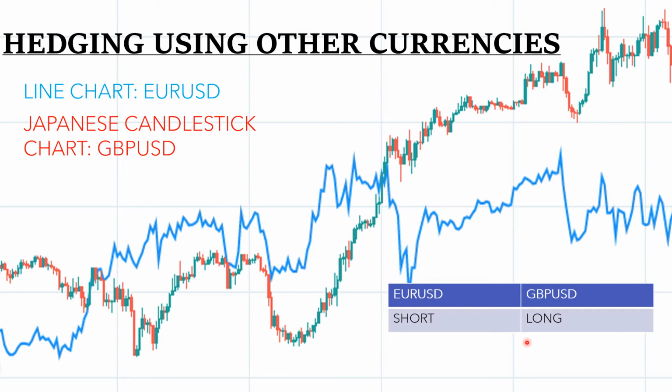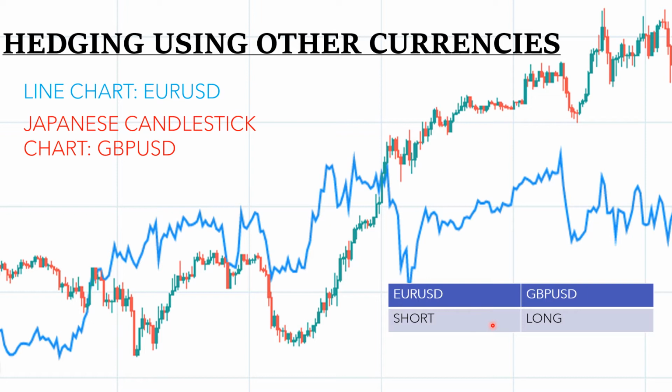So if the euro did fall against the dollar, your long position on the pound to the US dollar would have taken a loss, but it would be mitigated by a profit to your euro to the US dollar position. And if the US dollar fell, your hedge would offset any loss to your short position, meaning that the pound would gain money, whereas the euro position would lose money.